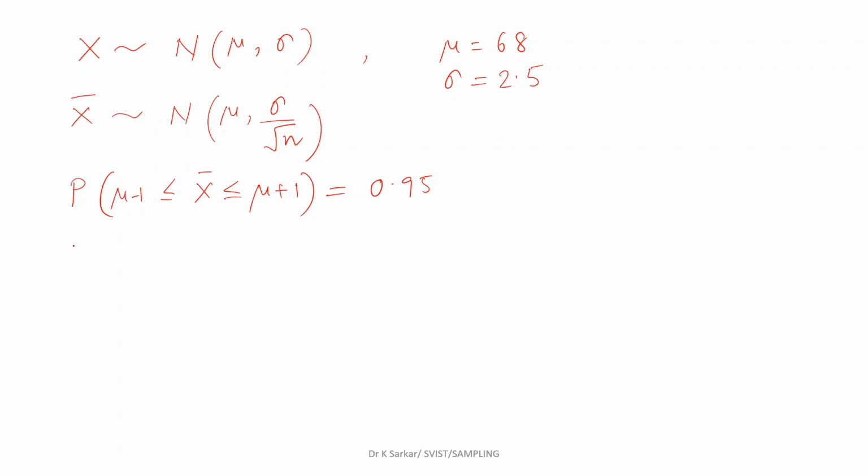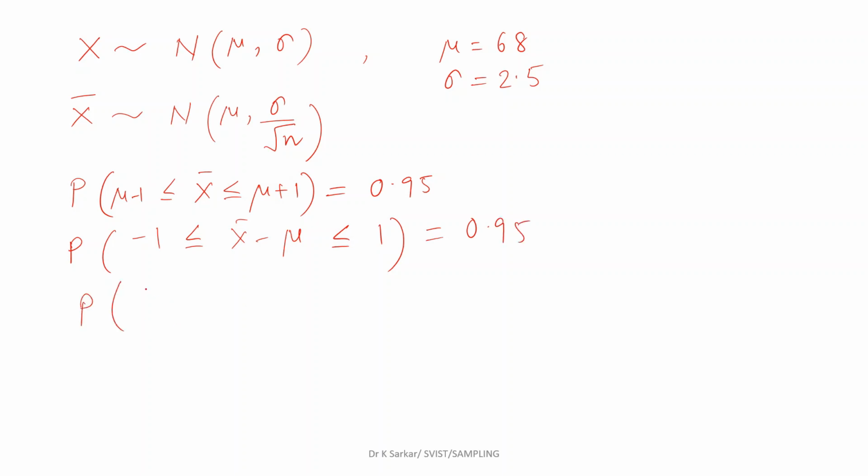Now let us convert it to the standard normal distribution. Then we'll have the probability of minus 1 less than or equal to x bar minus mu less than or equal to plus 1, which is equal to 0.95.